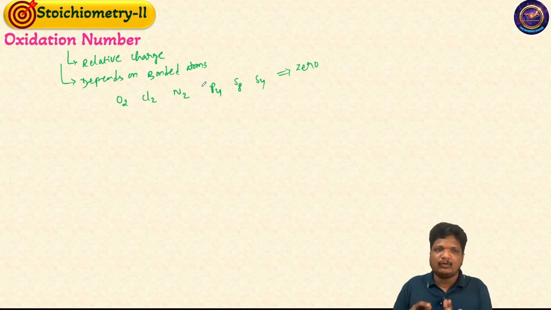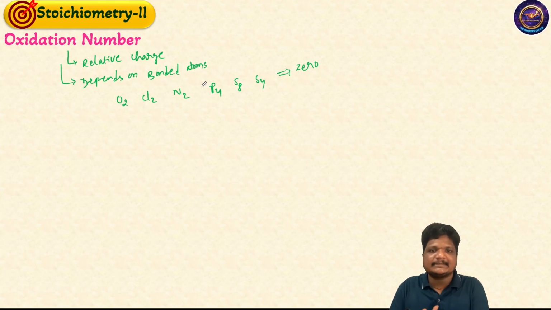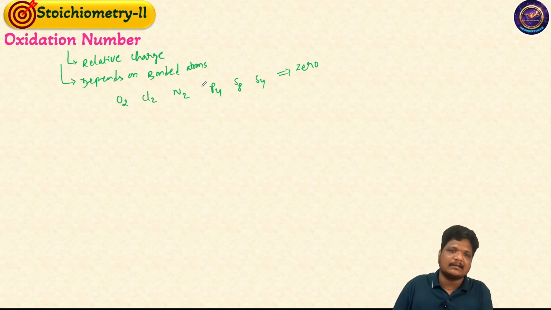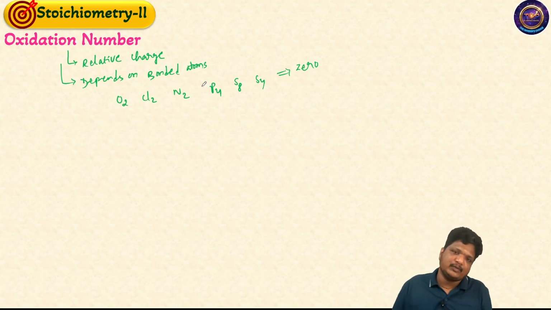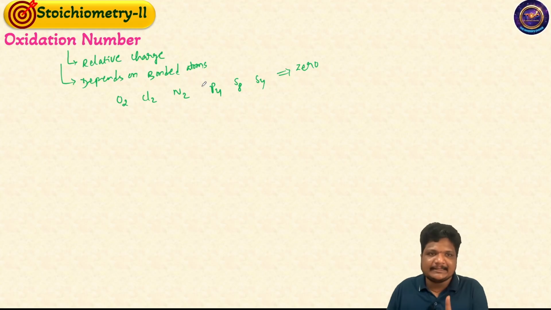You have to remember that oxidation number is a number which indicates either loss of electrons or gain of electrons. If an atom loses electrons, it gets a positive charge. If the atom gains electrons, it gets a negative charge. In that way we can represent the oxidation number.